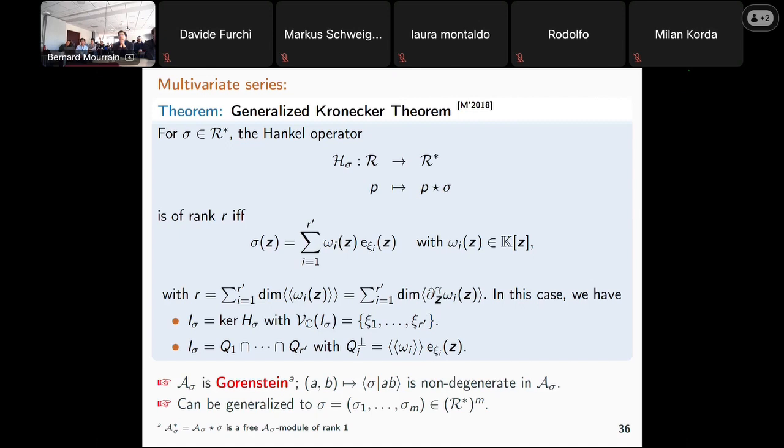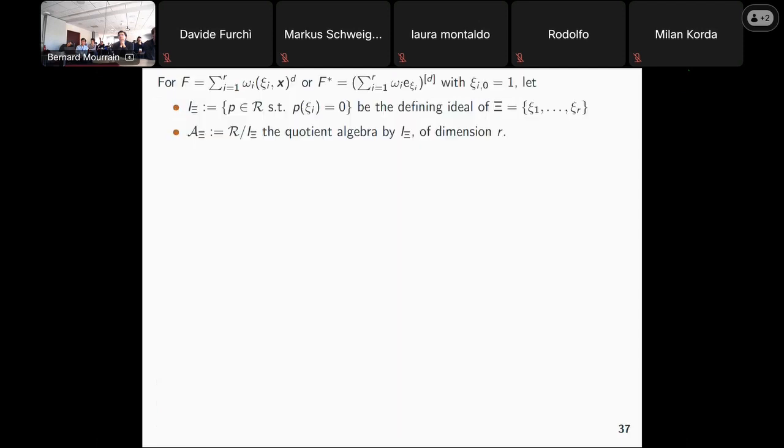Saying A sigma dual is equal to A sigma star sigma. And if you look in the local case, it also means that the inverse system is spanned by a single polynomial, if you are familiar with the local analysis and inverse system.